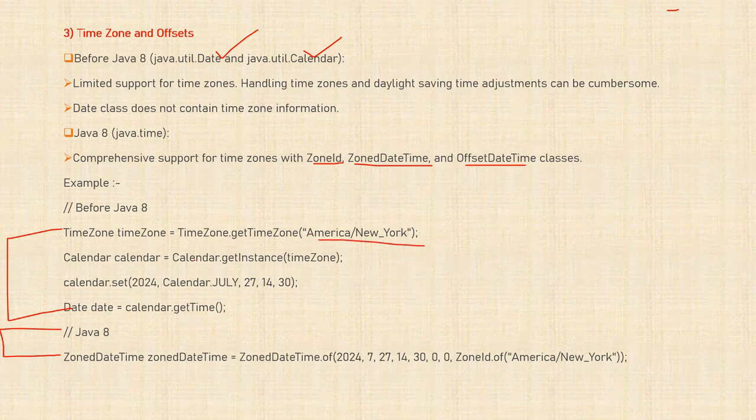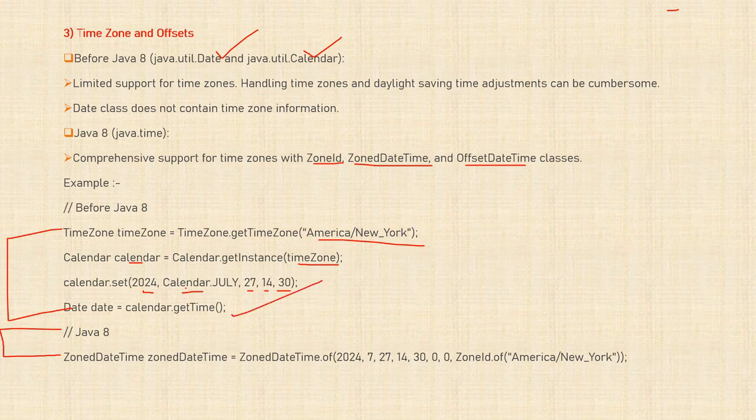We call Calendar.getInstance with the time zone provided inside, and that gives one instance of the calendar. Then with Calendar.set we set the year, month and so on, and at last we get date.getTime.